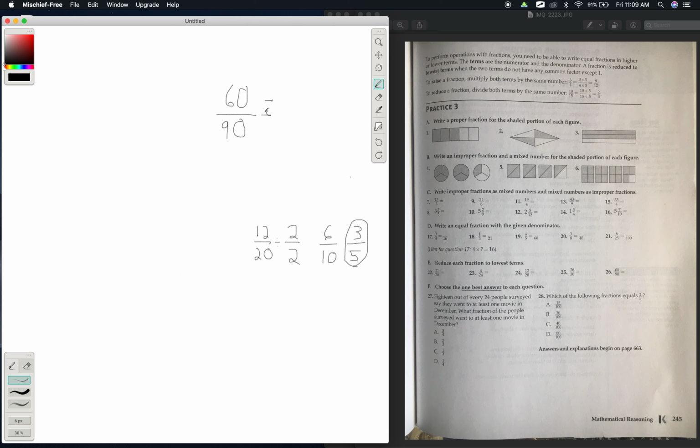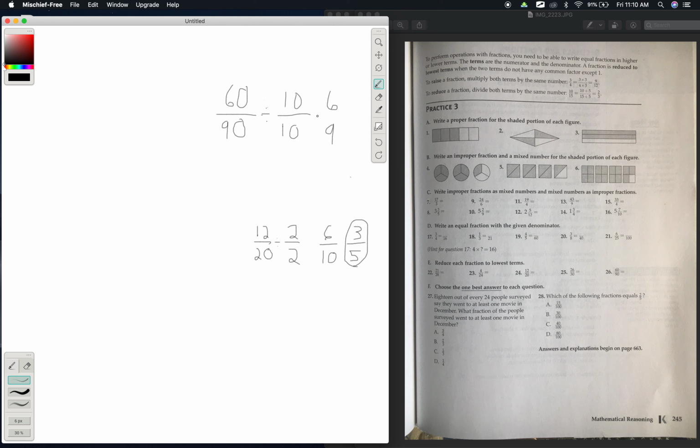Here we go, division. Okay, so 10 goes into 60. Well, let me just write this whole thing. 10 goes into 60 6 times. 10 goes into 90 9 times.